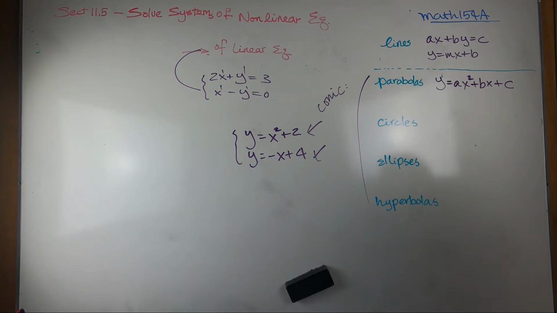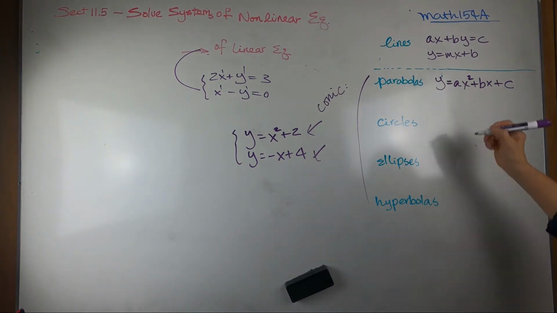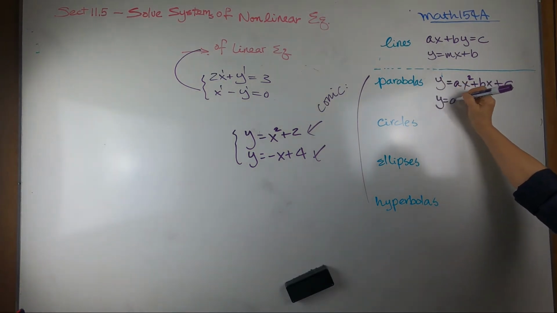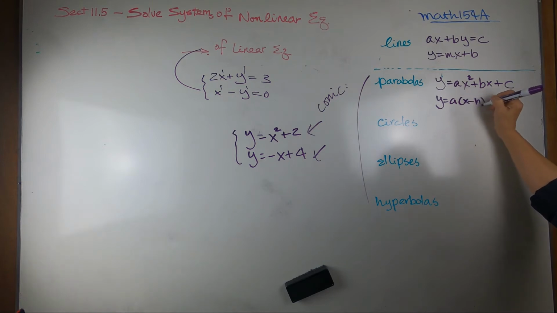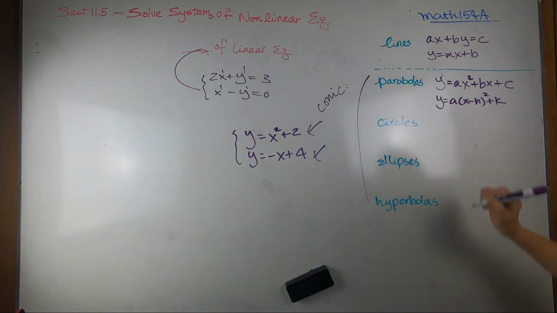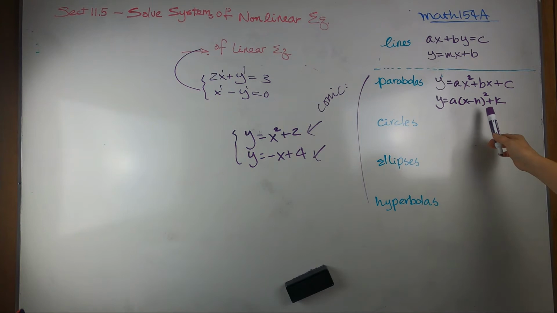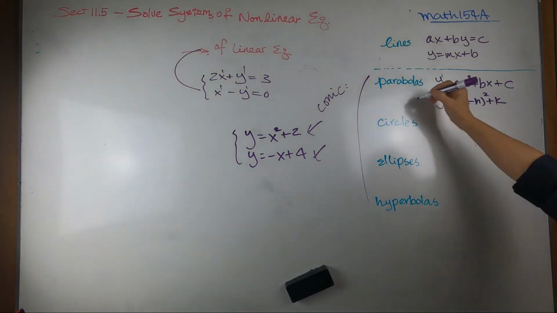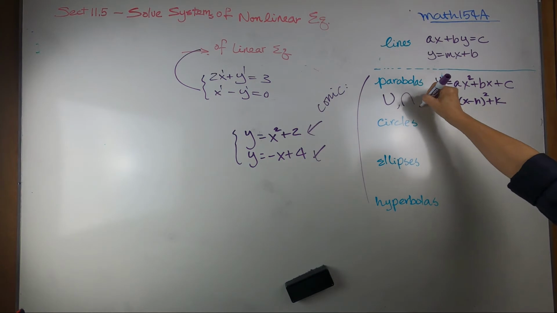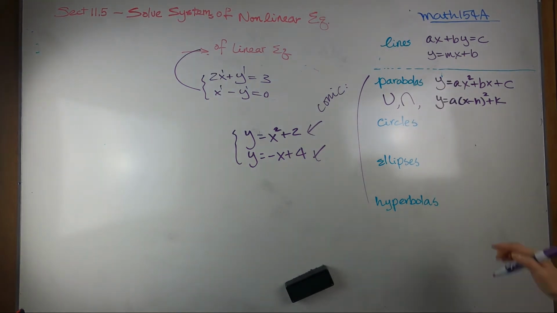Or we can write it in vertex form, y equals a(x minus h) squared plus k, with the vertex at (h, k). Then a decides if it opens up or down, depending on whether a is positive or negative.